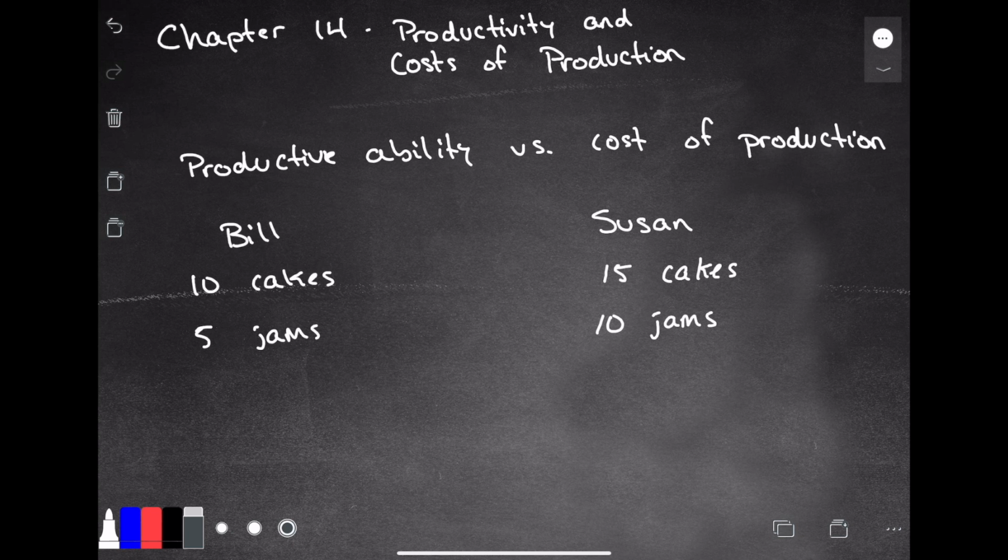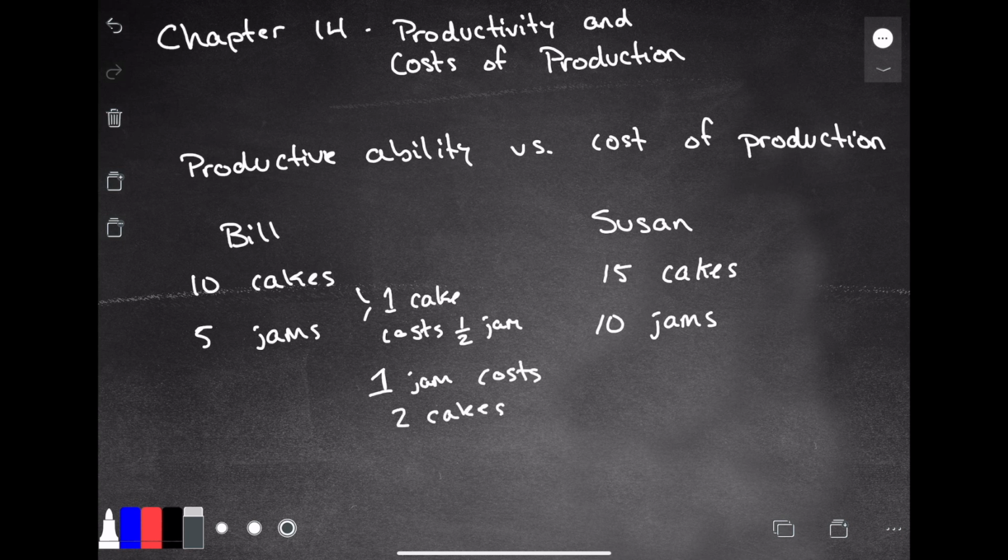What we can also point out is that for Bill, 1 cake costs half of a jam. Or we could phrase this a different way. We could say 1 jam costs 2 cakes.